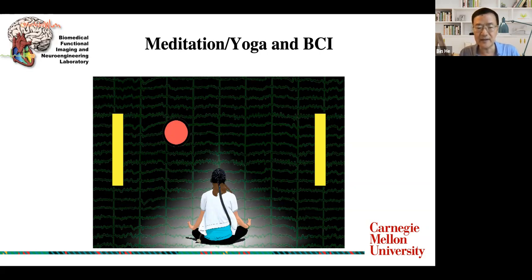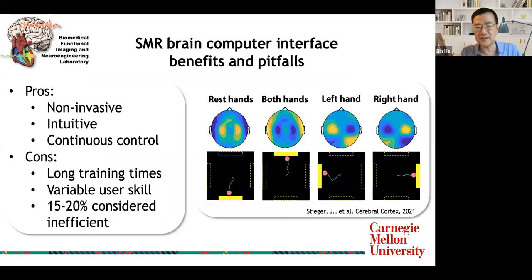In here, basically, you are modulating your mind. And the BCI control is a mind control, as we already discussed. Now, based upon the motor imagery-based BCI, by just thinking of moving your hand, you can control the cursor movement or even robotic arm movement.